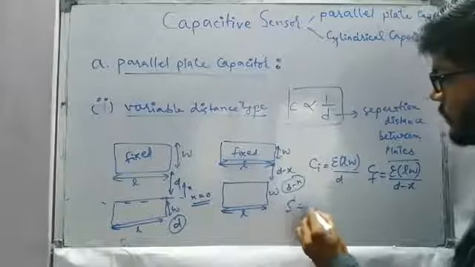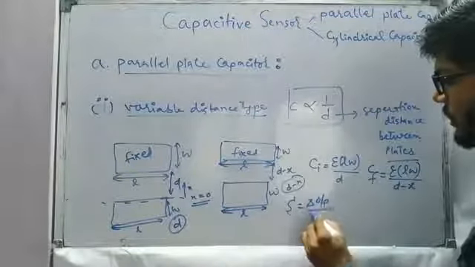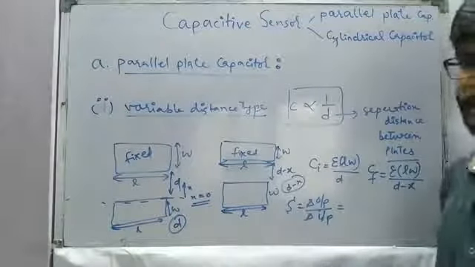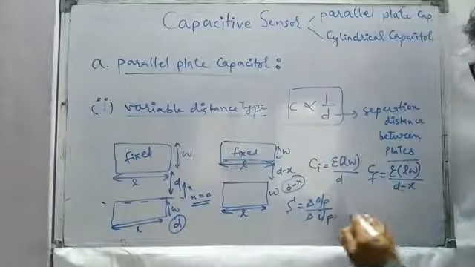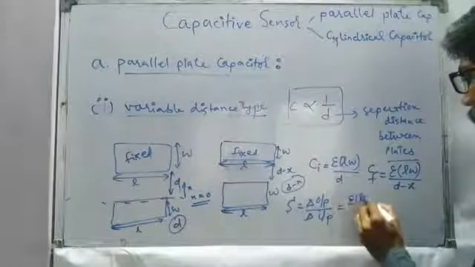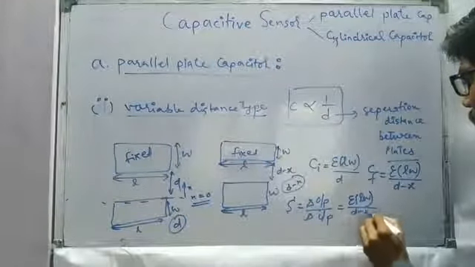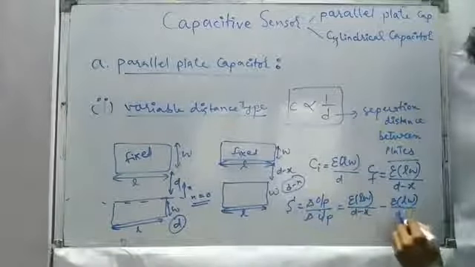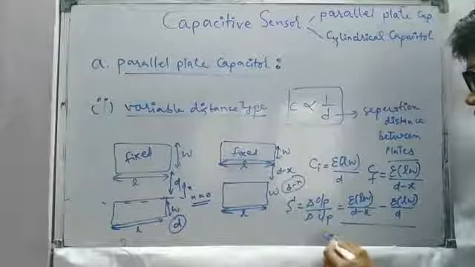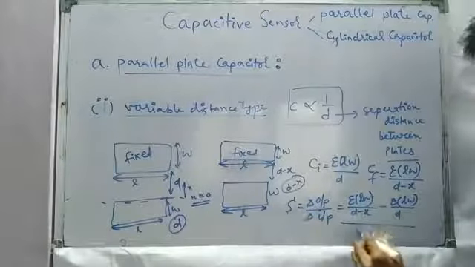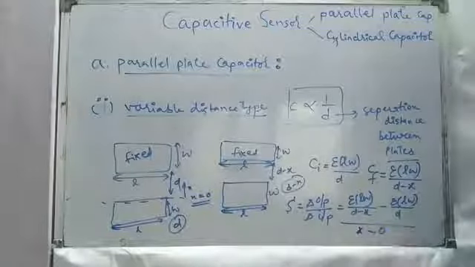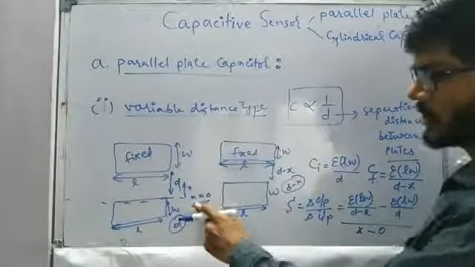The sensitivity is going to come out as change in output divided by change in input, and the output we are measuring as capacitance. So the final capacitance minus initial capacitance. So final capacitance is epsilon A by d minus x, minus initial capacitance epsilon A by d, divided by the final distance x minus 0, because we are taking this particular point as reference point.